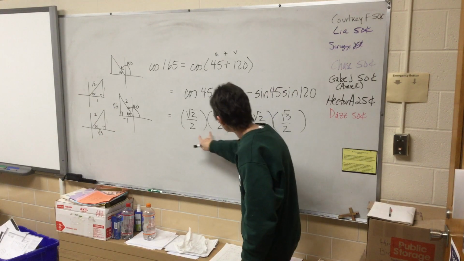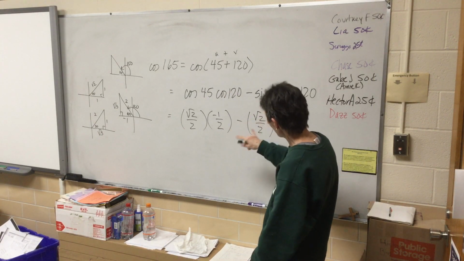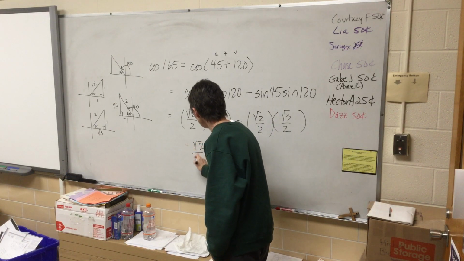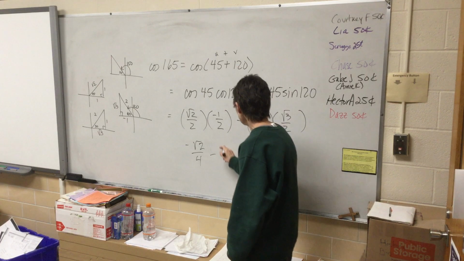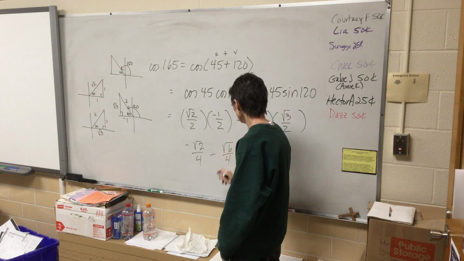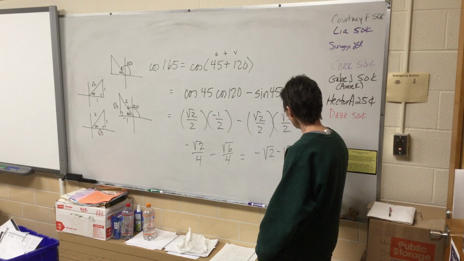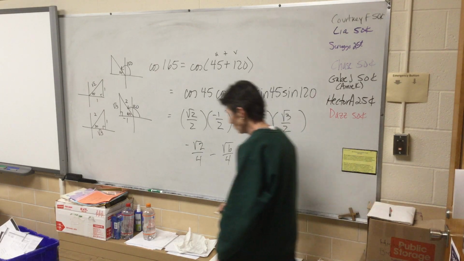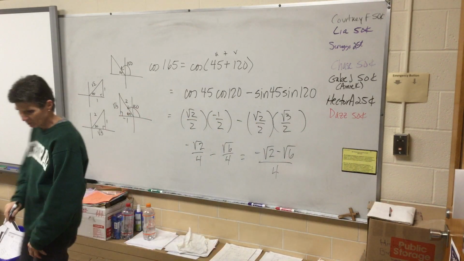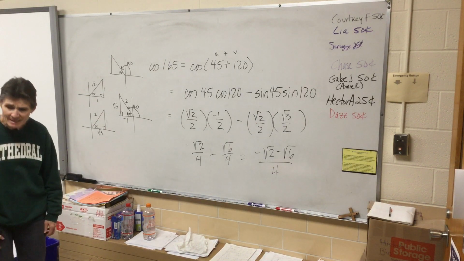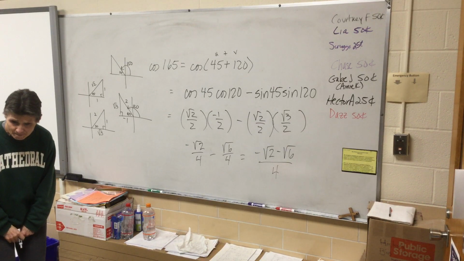So multiplying each pair, because that's what these formulas do, they multiply each pair. We have negative root 2 over 4 minus root 6 over 4. So this time we have negative root 2 minus root 6 over 4. Does that look similar to the answer we got for the last problem? Yeah. Does it make sense that it would look similar?